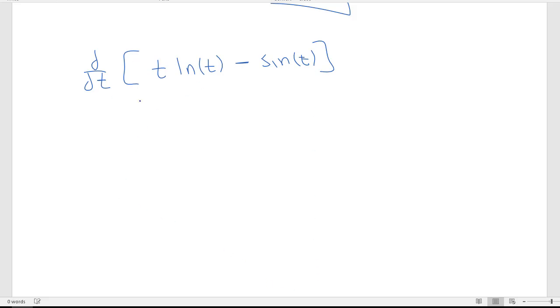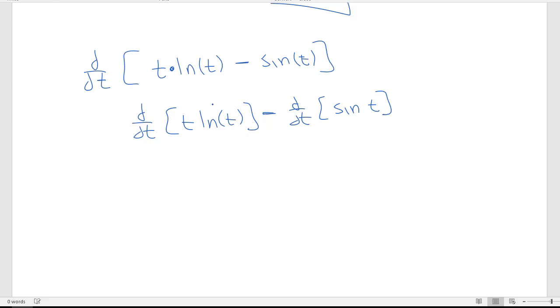All right, so when we differentiate the independent variable t with respect to t, the first thing we see here is a product. So again, the derivative of a difference is the difference of the derivatives. As a reminder, we're pushing the derivative operator over the subtraction sign because that's one of the properties of the derivative operator.